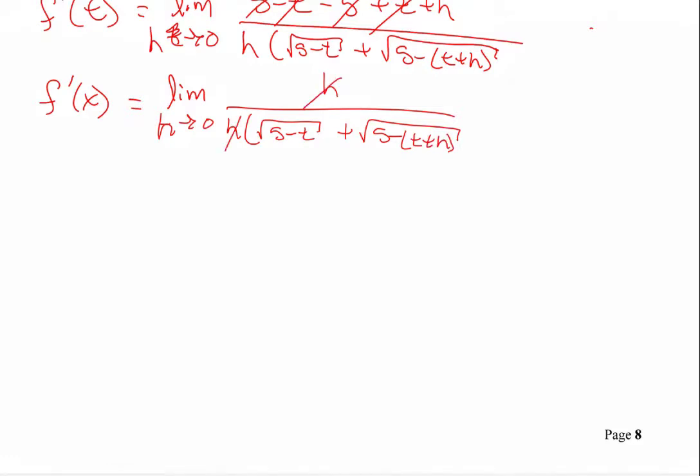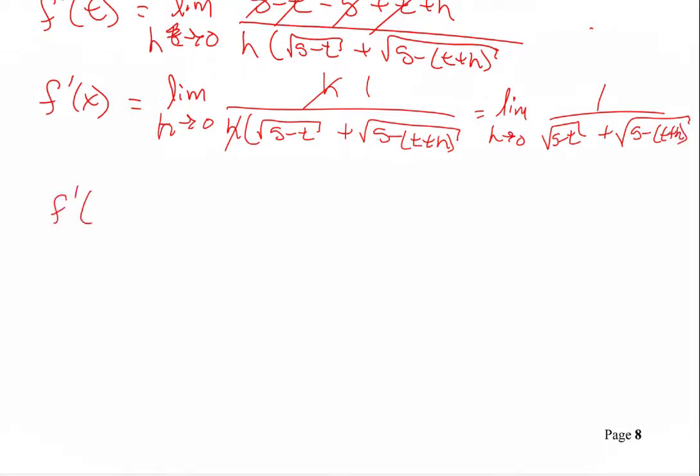The h's cancel and leave a 1. So that equals the limit as h goes to 0 of 1 over the square root of 5 minus t plus the square root of 5 minus t plus h.